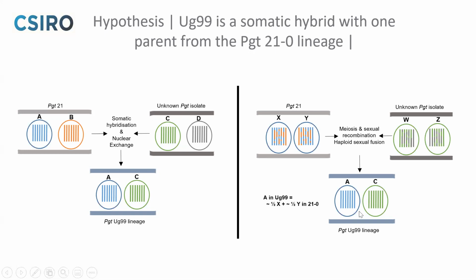Alternatively, we could have something like meiosis and sexual recombination, in which case the A genome of Ug99 was derived from the genetic recombination of the two haplotypes in this member of the PGT21 lineage.